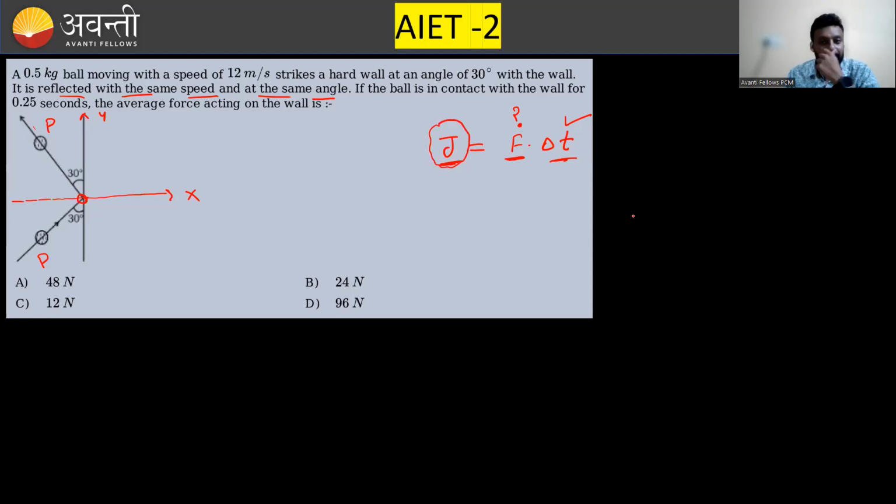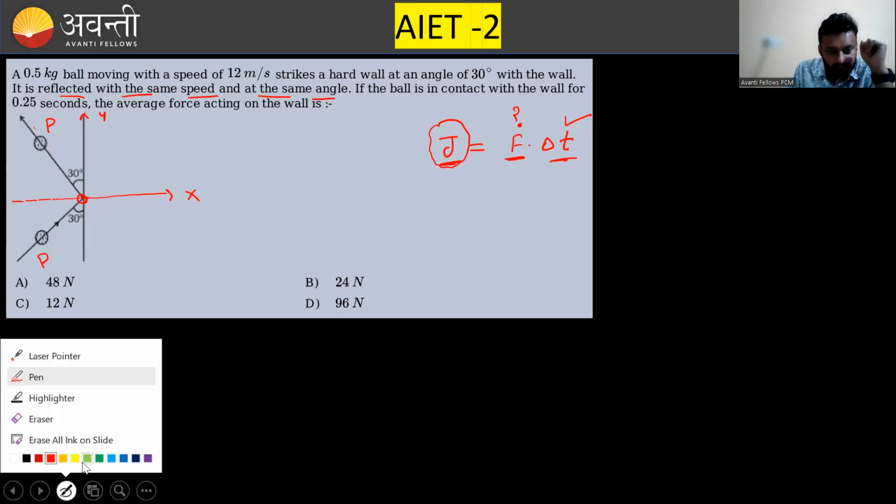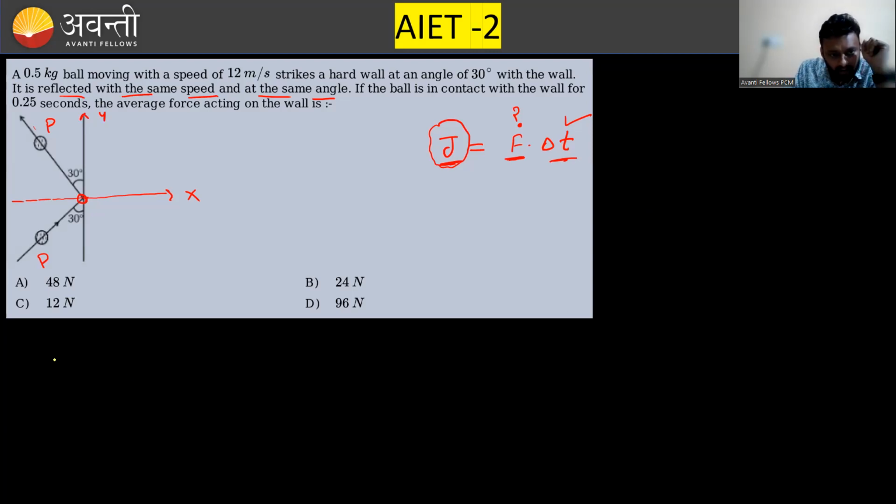Clear? From impulse momentum theorem, everybody knows that delta P by delta T is equal to F. So can you calculate directly F from this equation?